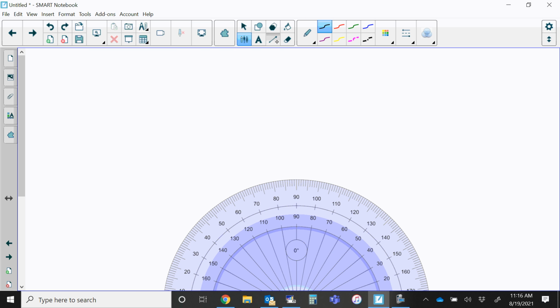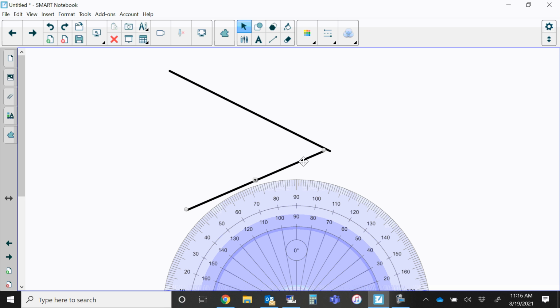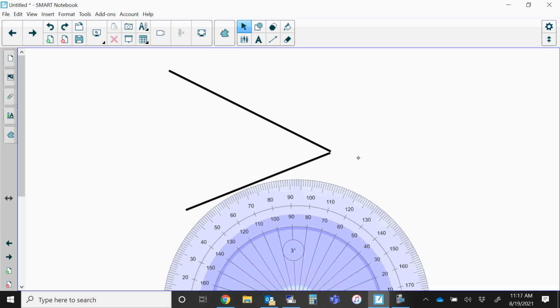What happens if I have an angle like this? Actually, let's do this. So what if my angle looks like that? Well, I'm going to take my protractor.